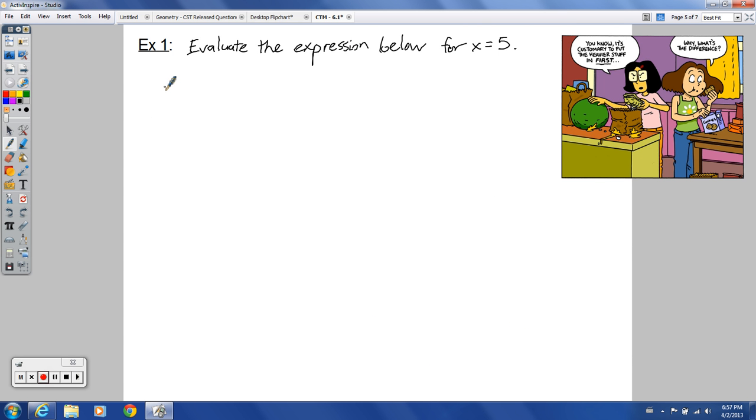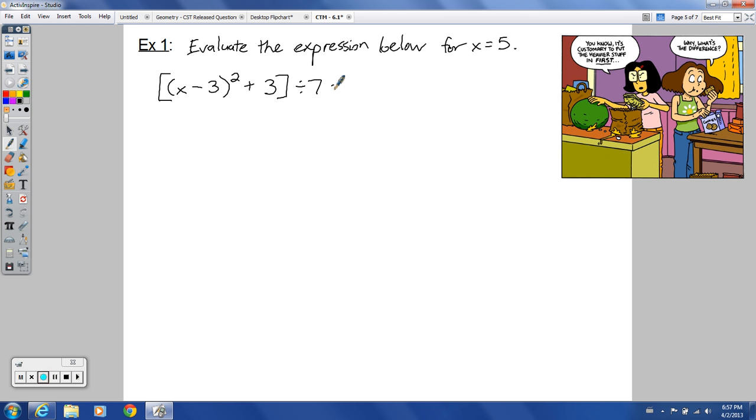So here's example 1. We've got this as my expression. I'll try to say as many of these vocabulary terms within the context of what I'm doing here, or define them within the context of what I'm doing, but I'm not going to write out formal definitions of these things. So here's the expression.